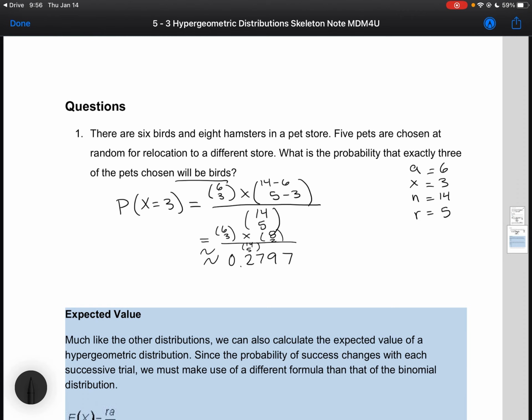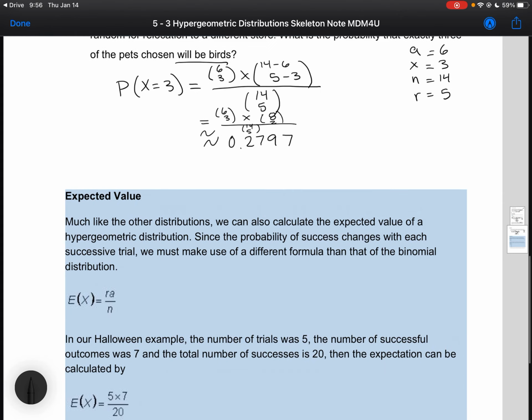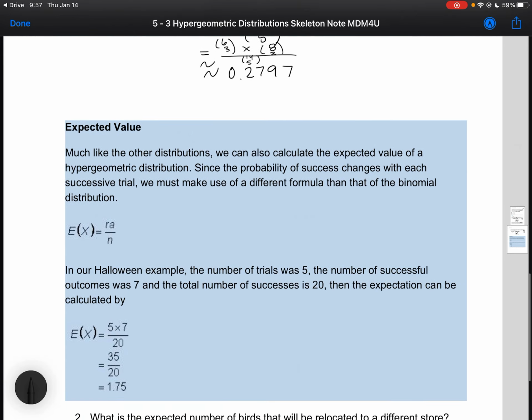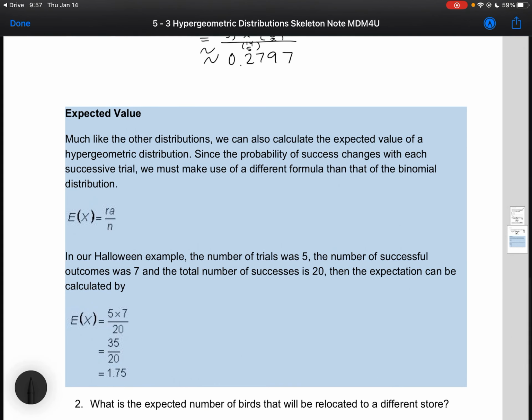The last question that we're going to do in this video is just looking at expected value. Like the other distributions that we've looked at, we can also calculate the expected value of a hypergeometric distribution. Since the probability of success changes, we have to use a little bit different formula than the binomial distribution.